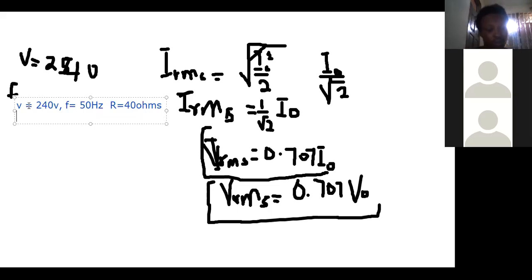So V RMS is equal to our 240. Now the question says you should find the peak voltage. And so our peak voltage V RMS is equal to our V naught.